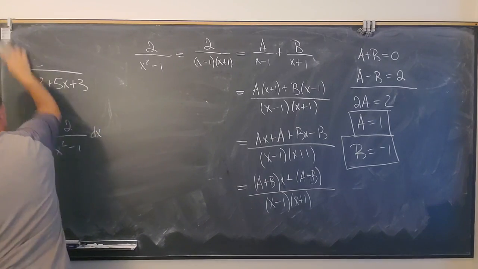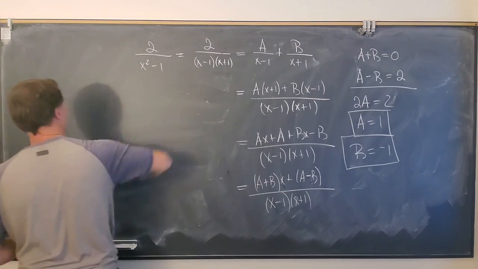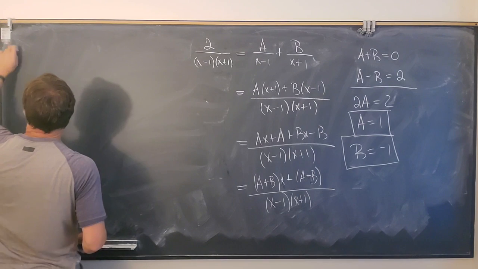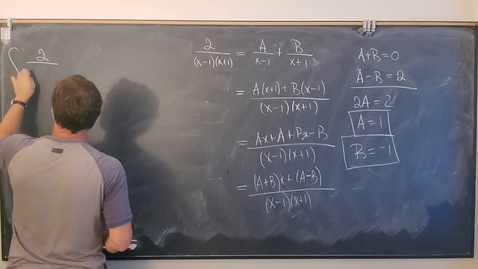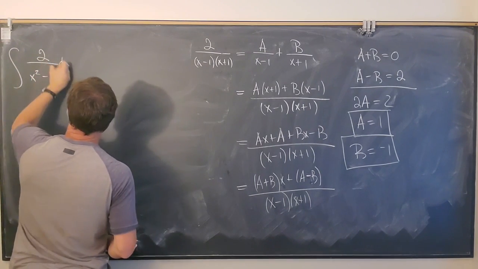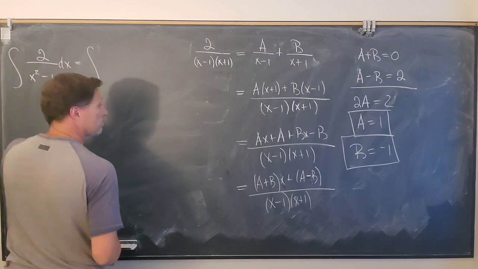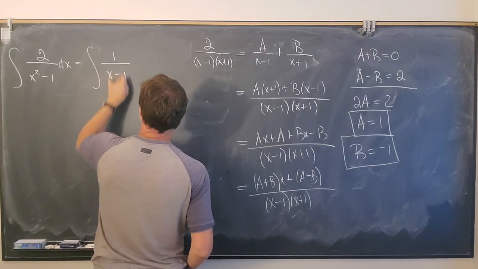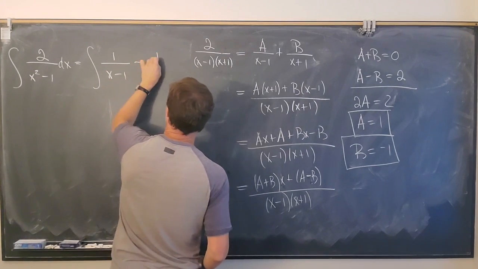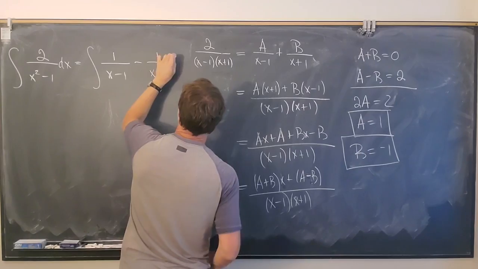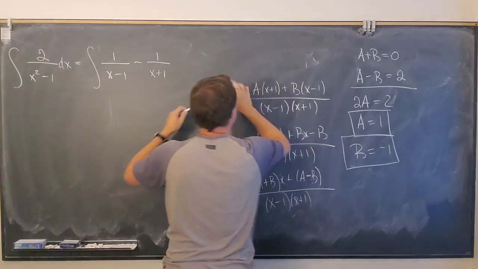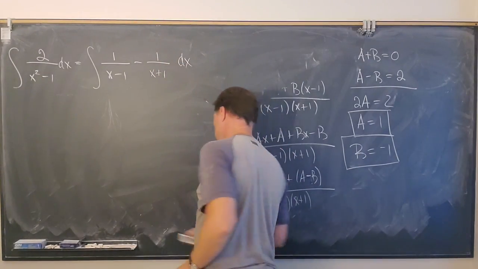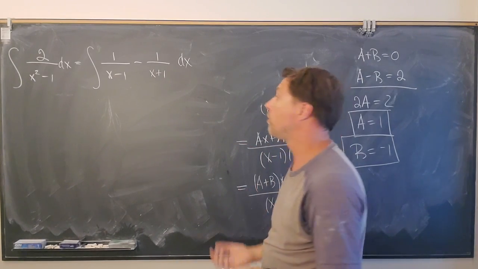Let me rewrite it up here. So the integral of 2 over x squared minus 1 dx is equal to the integral of 1 over x minus 1 minus 1 over x plus 1 dx. Right, so now we have an easy integral.